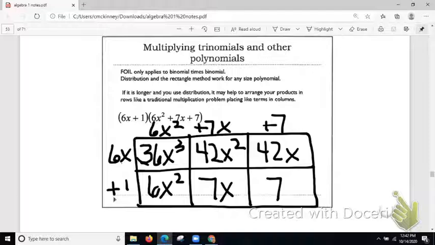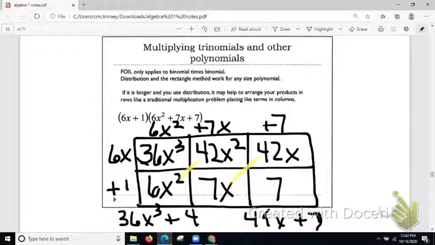And then remember that it's the parts that are on the diagonals that are going to combine. So that 36x cubed stays what it is. Then we'd have 48x squared. Then we'd have 49x. And you should see that our answer is the same.